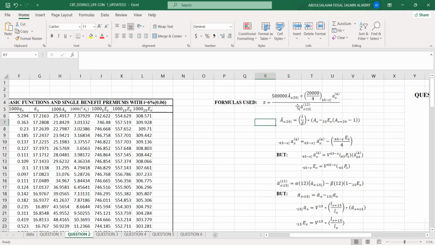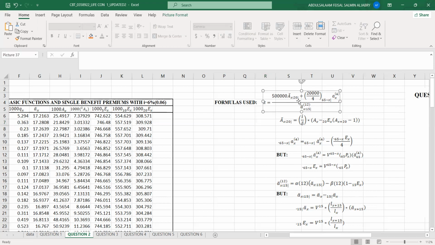As you can see from this formula, there are 3 main components: the continuous endowment, the deferred annuity, and the annuity due. So basically, we have to find these 3 components in order to get the level monthly premium.